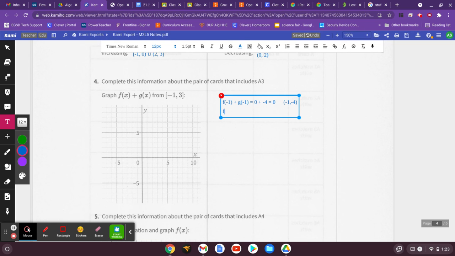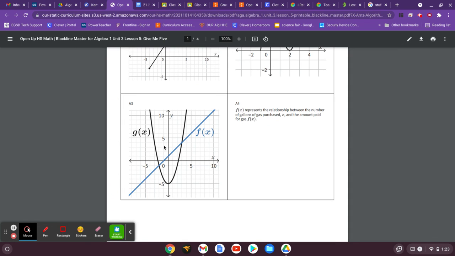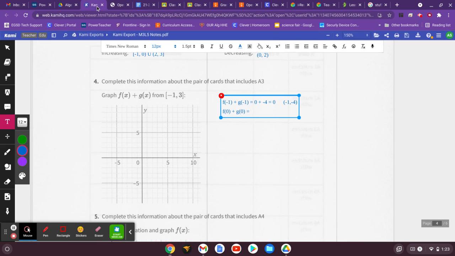Okay, so then f of 0 plus g of 0 equals, let's go back, f of 0 is 1, g of 0 is -5. So 1 plus -5 equals -4. So that makes this point 0 comma -4. Okay, next one.